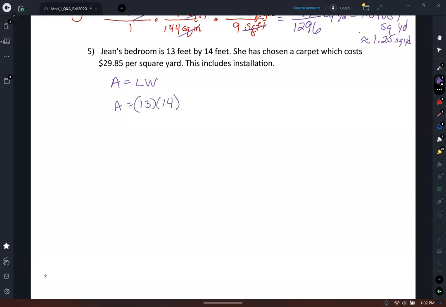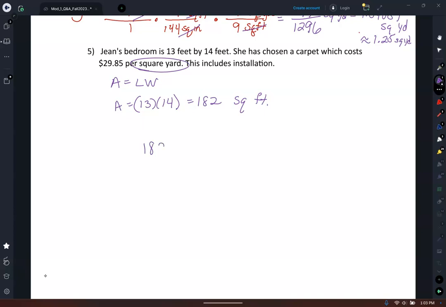So go ahead and just calculate that out along with me. I get 182 for my square feet. Then I have to convert that to square yards because that's how it's sold.